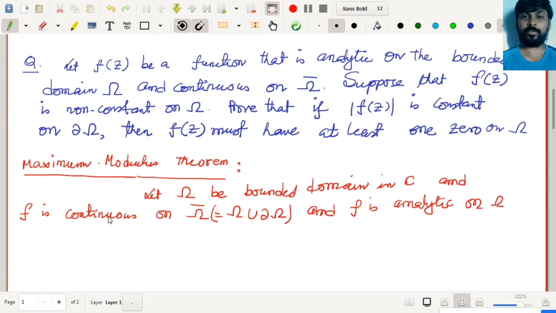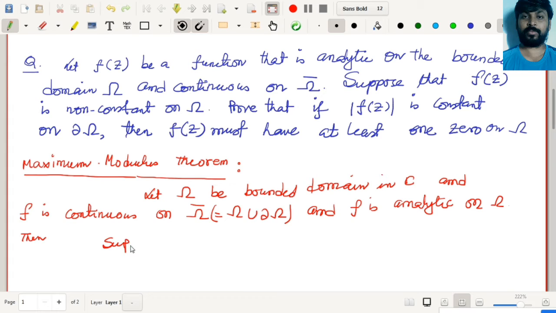See, f is continuous on omega bar, and omega is bounded, so omega bar is a compact set. So the supremum of mod f(z) exists on omega bar.